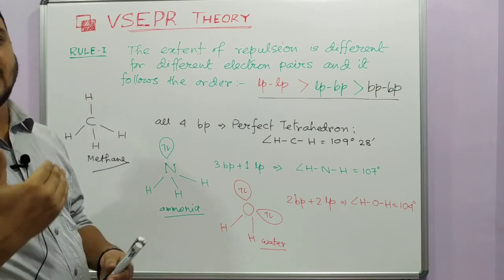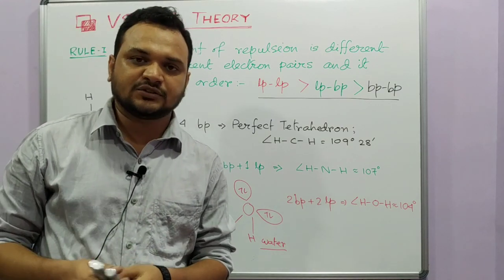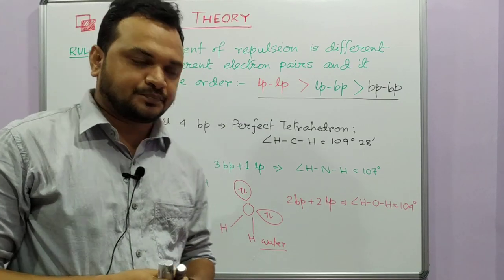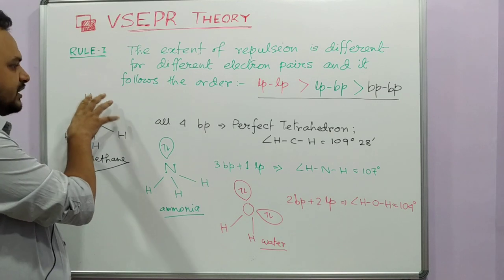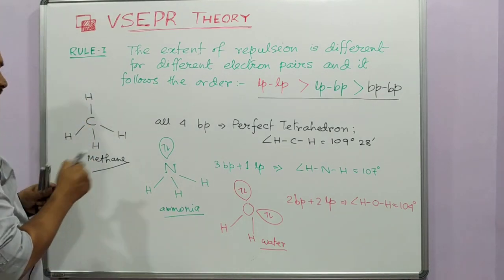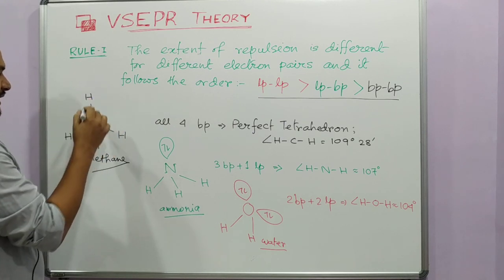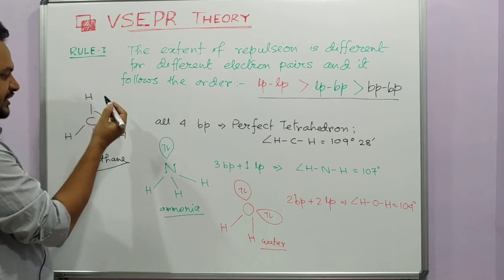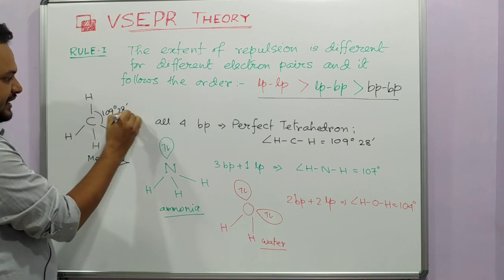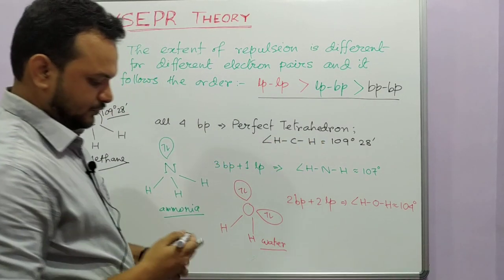So all the repulsive forces are equally strong, and that's why the molecule possesses a perfect tetrahedron, and for a perfect tetrahedron the bond angle between two C-H bonds is 109 degree 28 minute, and it is experimentally observed also.